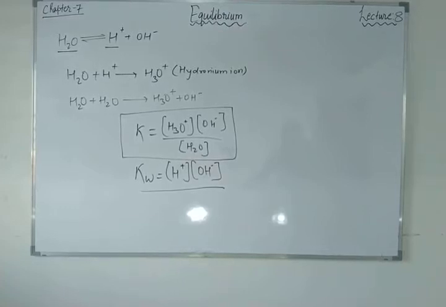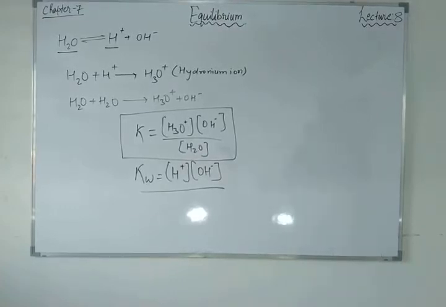Now the concentration of H plus has been found experimentally. If I talk about H plus, it is 1 into 10 to the power minus 7 molarity at 298 Kelvin, and the dissociation of water produces an equal number of H plus and OH minus ions. So the concentration of hydroxide ion will also be equal to 10 to the power minus 7.